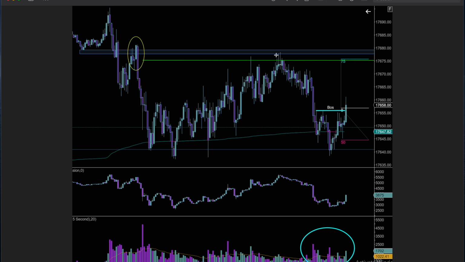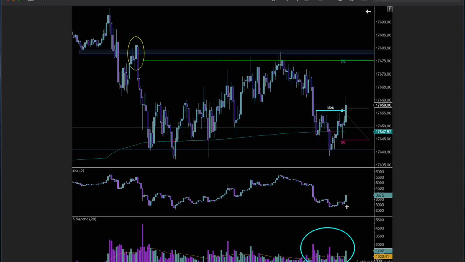However, given these wicks here, and then I was looking over here, this little supply zone order block on this 15-second chart, I moved my target a little bit, just 2 or 3 ticks inside of what would have been 1.5 reward to risk, because I wanted to get out before that little order block, and I wanted to get out sort of inside of these wicks. So I often will just use the highest candle bodies as a reference point when I'm looking to take my targets, before the actual swing high, to get out.